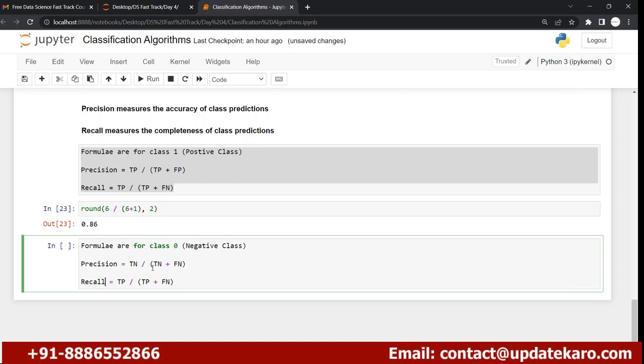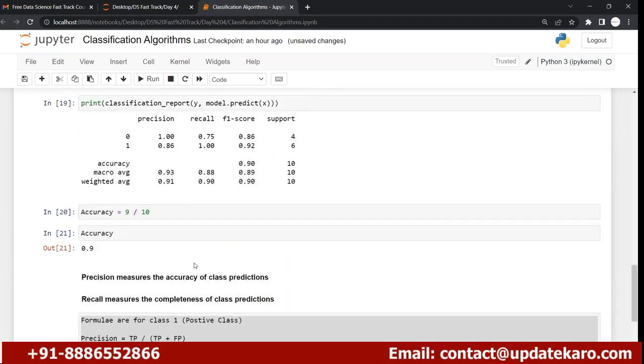And here recall for class 0 is going to be the true negative divided by true positive plus false positive. So this is the formula. You will have to understand these things as well. The formula will be changing class by class, right?